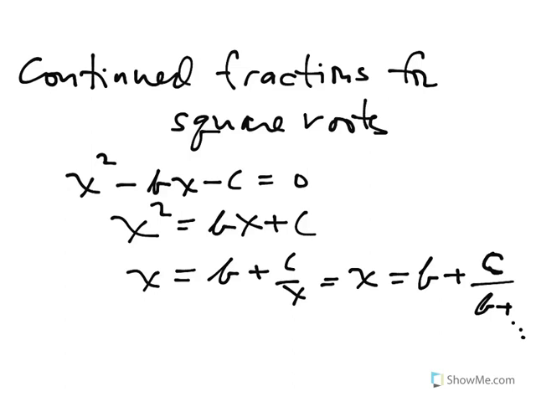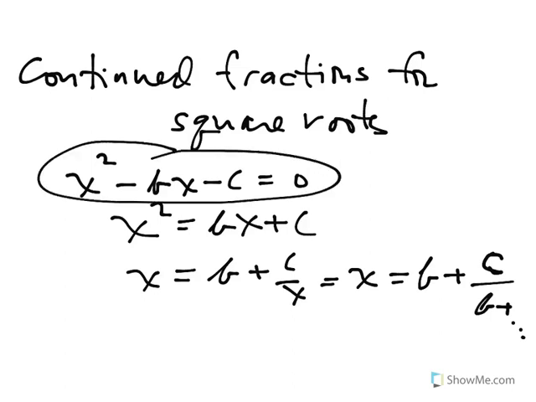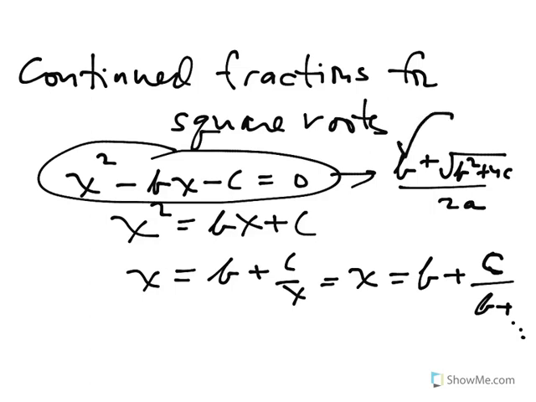When you do the quadratic formula with this, you would get b plus the square root of b squared plus 4c over 2a. And this b was always a number. It was never 0. So this expression was kind of complicated.